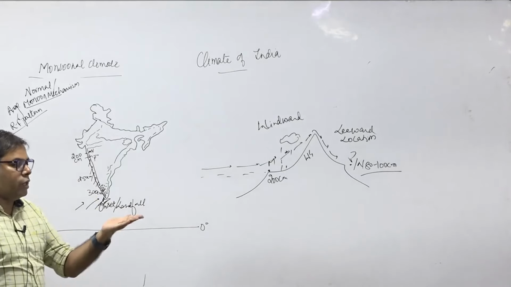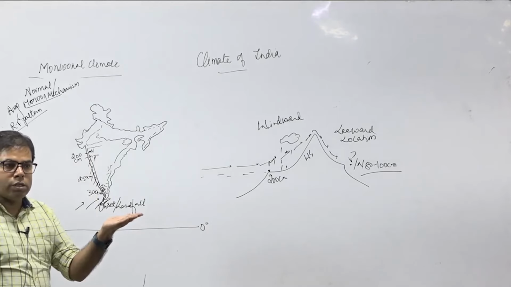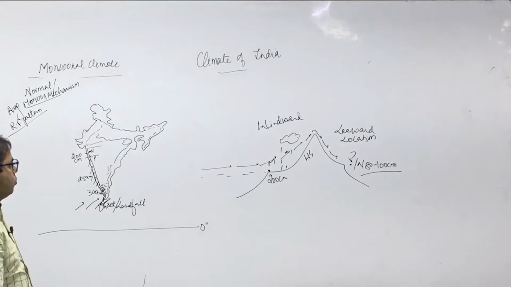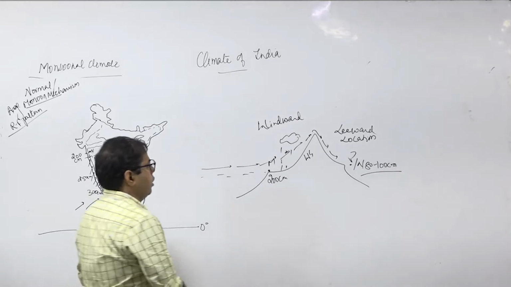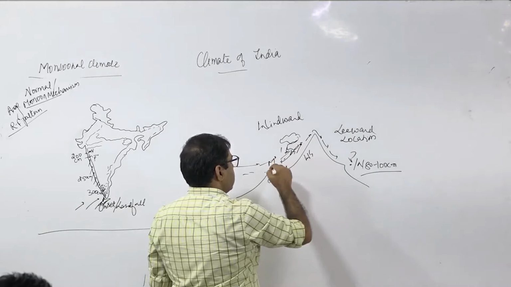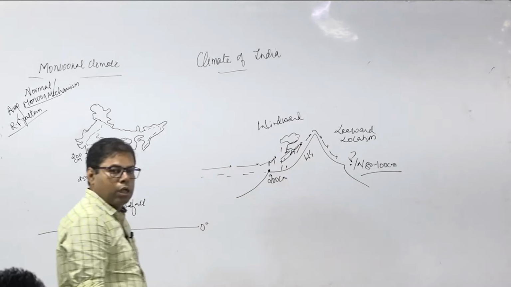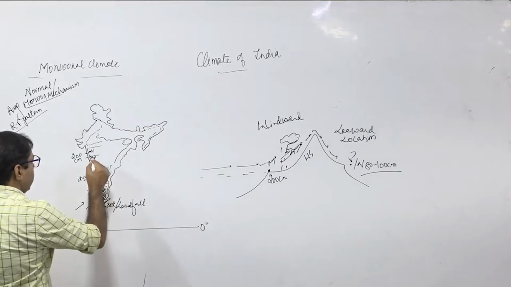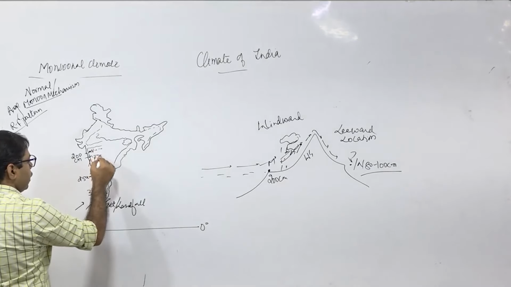As the wind rises, it becomes condensed and precipitates, again it rises, again condenses and precipitates. So, there is more rising of the air, so there will be more rainfall. Therefore, Mumbai receives 200 centimeter rain and Nasik and Pune receive 80 to 100 centimeter, right. Then again the wind enters the Deccan Plateau.